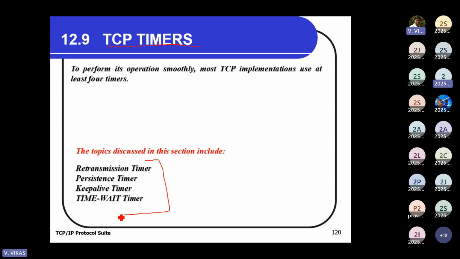When will these two be in waiting state? Receiver window will be 0. At that time, the client will keep on sending 1 byte, but it will not reach the receiver. Basically, the receiver has set receiver window size 0.